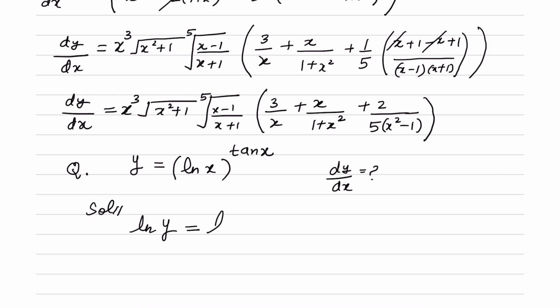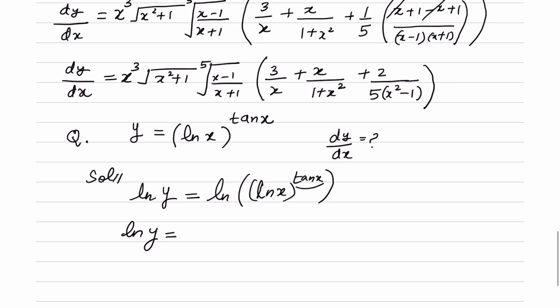It gives us ln x power 10x. Then right hand side, by applying the log property, this 10x comes on the side, and you have 10x into ln of ln x.